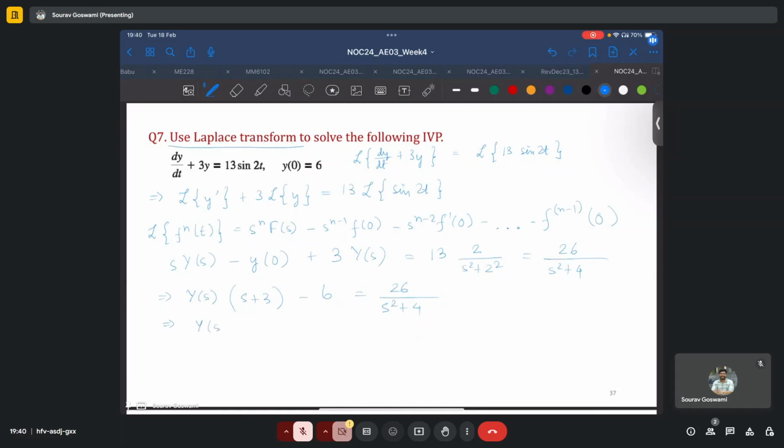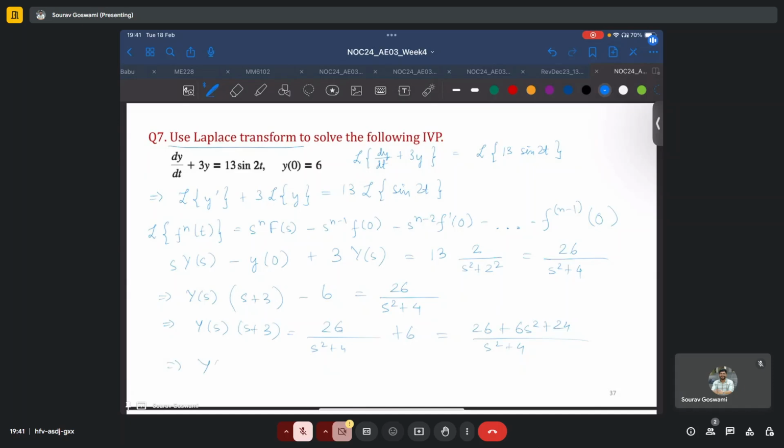Which implies that y of s times s plus 3 is equal to 26 by s square plus 4 plus 6, which equals 26 plus 6s square plus 24 by s square plus 4.